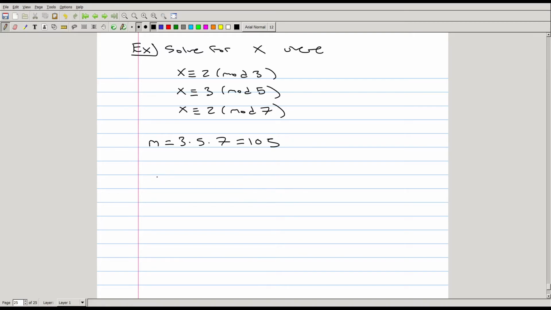And we form capital M1, which is M over m1, or 5 times 7, which is 35. We form capital M2, which is going to be 21. And we form capital M3, which is going to be 15.